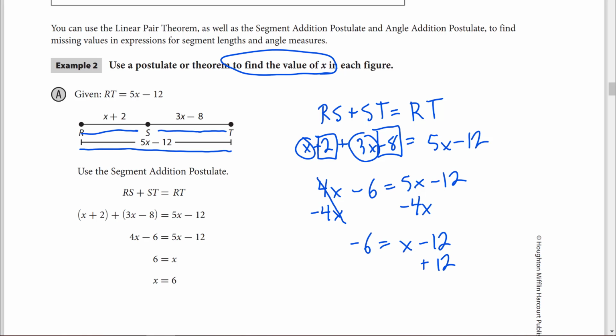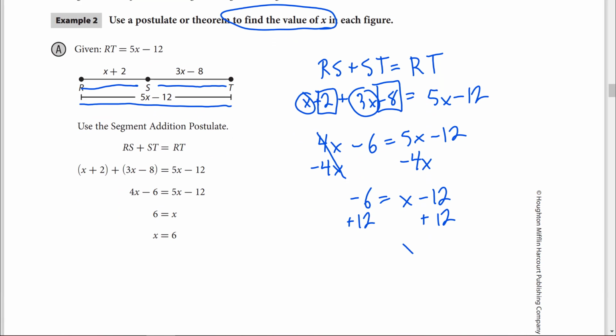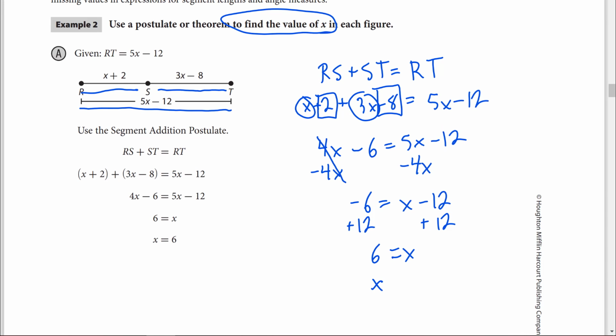That will get rid of the negative 12. And that tells me that x equals negative 6 plus 12 is 6. Use our properties to flip it over. X equals 6.